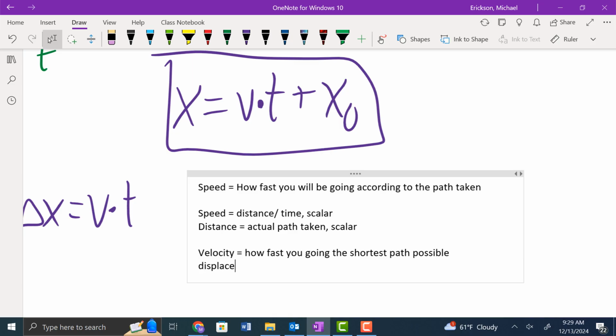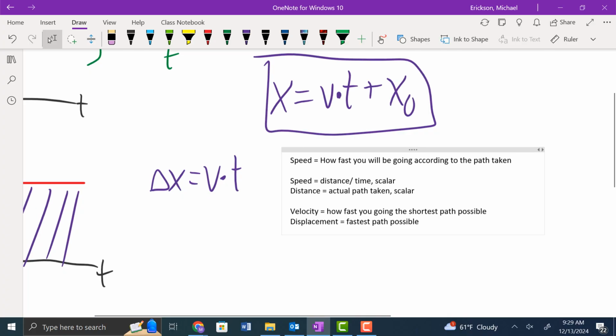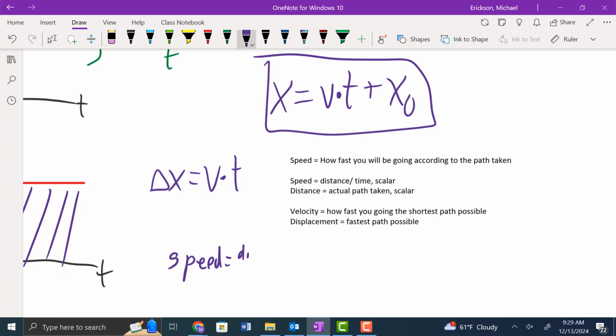And displacement is the shortest possible path. All right. So what this ends up being is that, if you're solving a problem, speed will be equal to distance over time. And velocity will be equal to displacement over time.